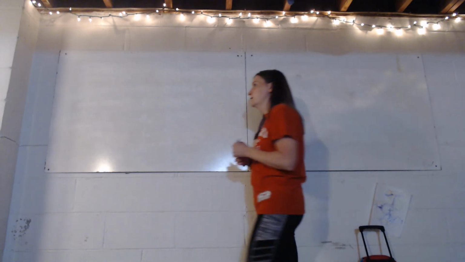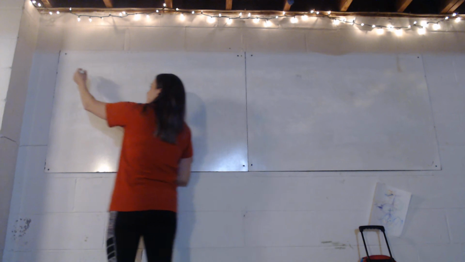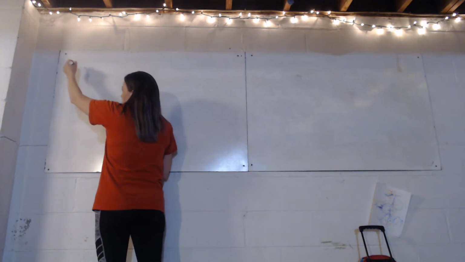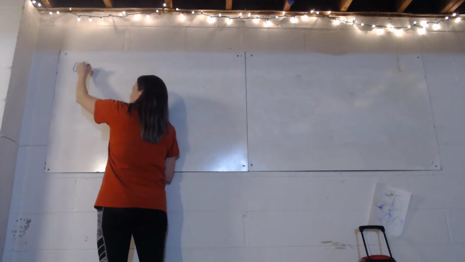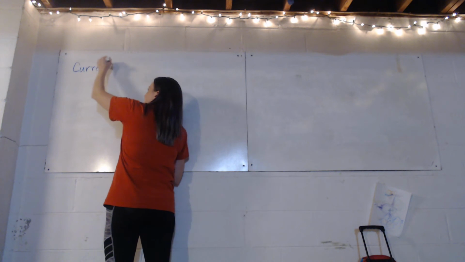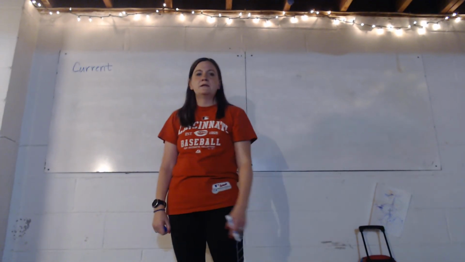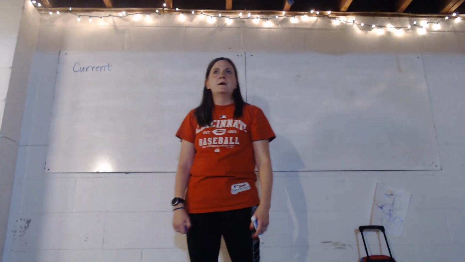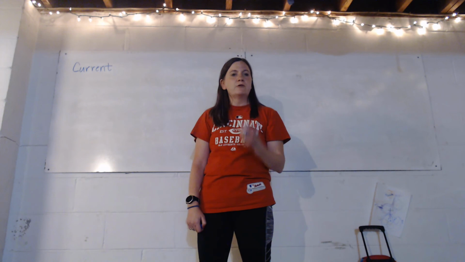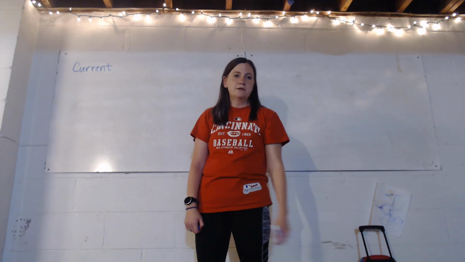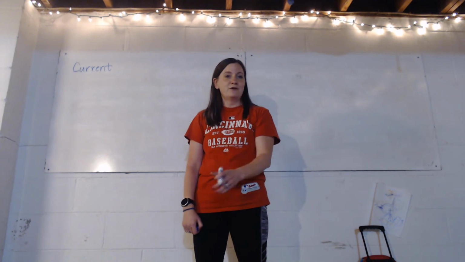Okay, so the first thing that comes up in chapter 26 is that they finally throw out the word current. I've kind of been using this word, but current is the rate at which charge flows.